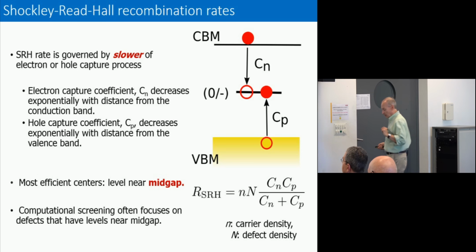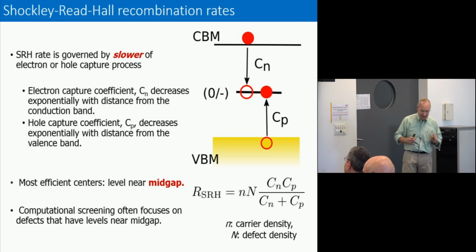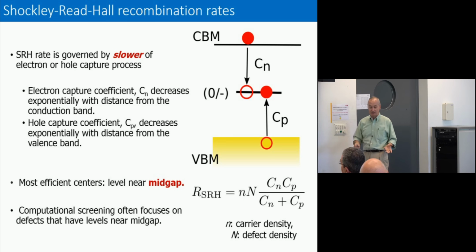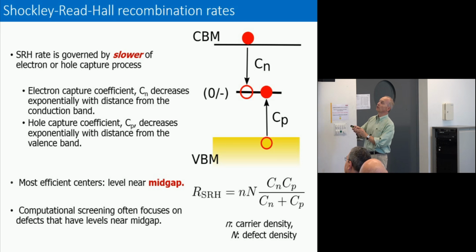Now, for this process to be important, and by important here I mean to actually play a big role in non-radiative recombination, which is a bad thing, okay, but that's what I mean by important, to actually be relevant, you need high capture rates for both electrons and for holes.